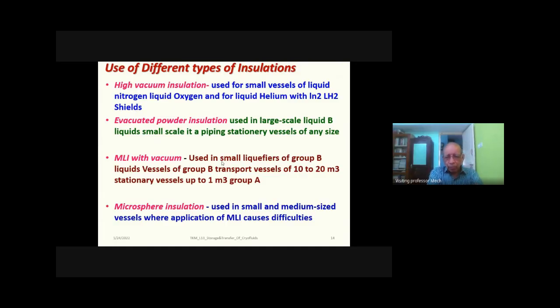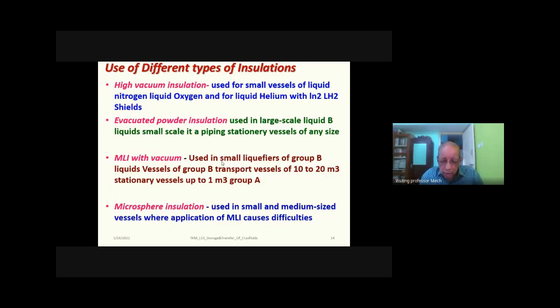Coming to multi-layer insulation with vacuum, it is used in small liquefiers of group B, vessels of group B, transport vessels of 10 to 20 meter cube, and stationary vessels up to 1 meter cube of group B.